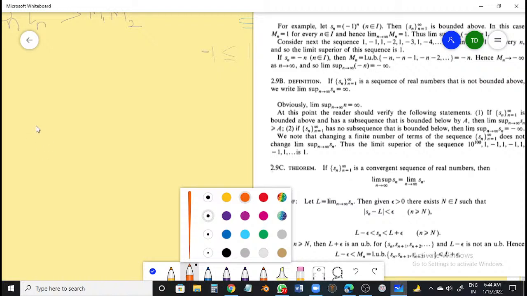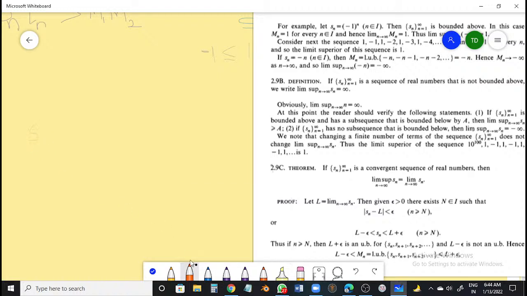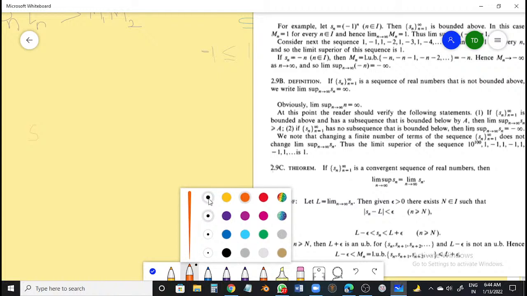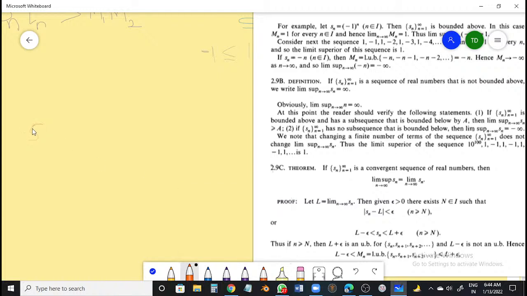Our sequence S contains 10 raised to 100 as a bigger term. Next comes 1, next comes minus 1, then again 1, then minus 1, and so on.